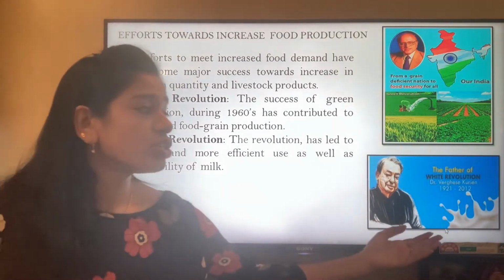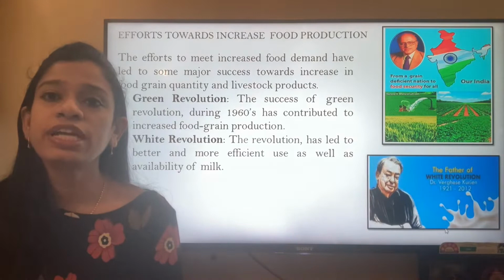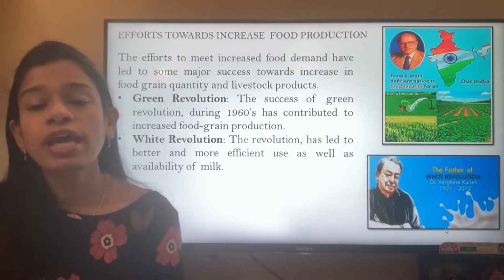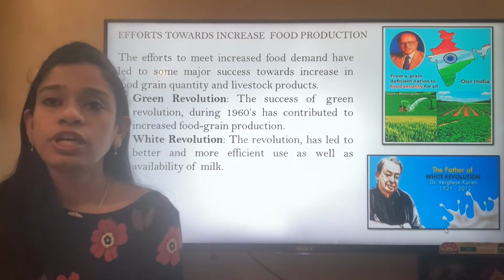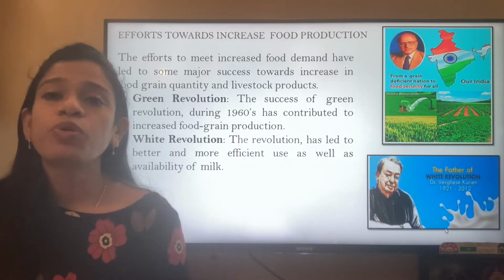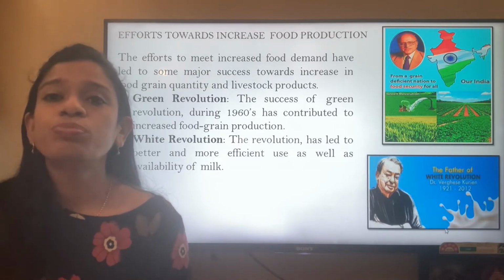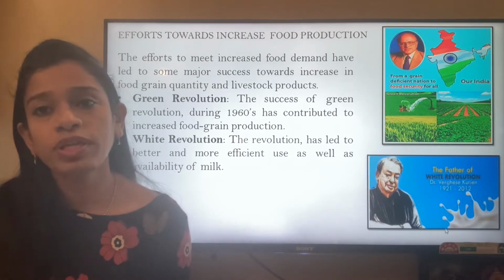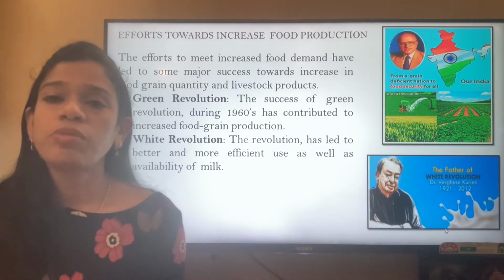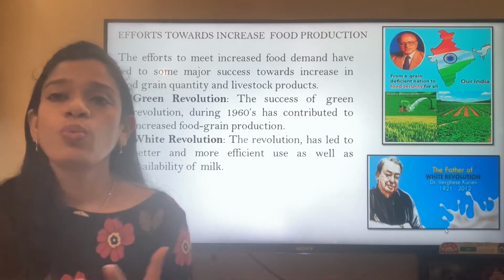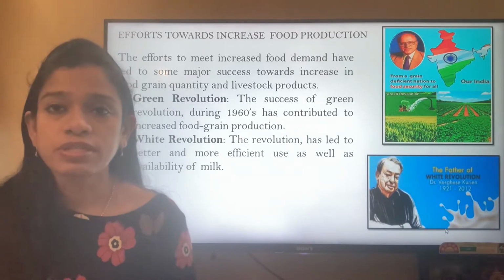So this is Dr. Verghese Kurien, who initiated the White Revolution and made it possible for milk and milk products to be distributed throughout the country from the farmers to the main store without intermediate persons.